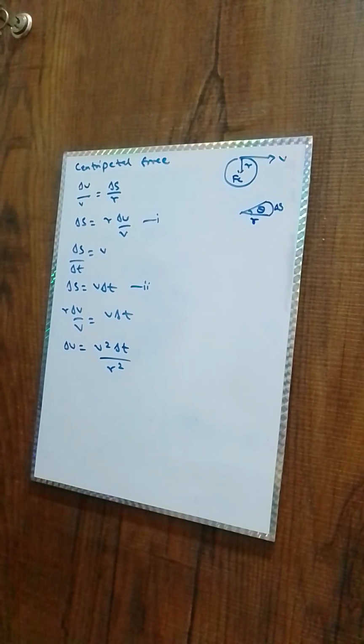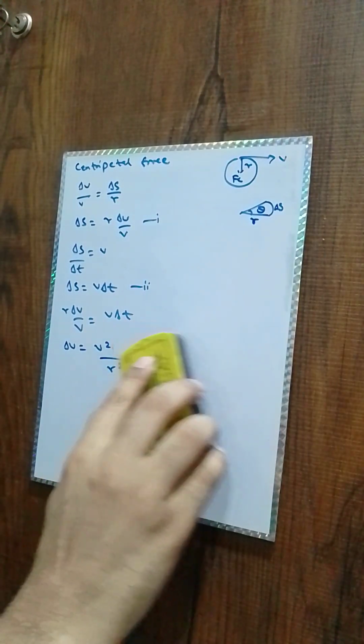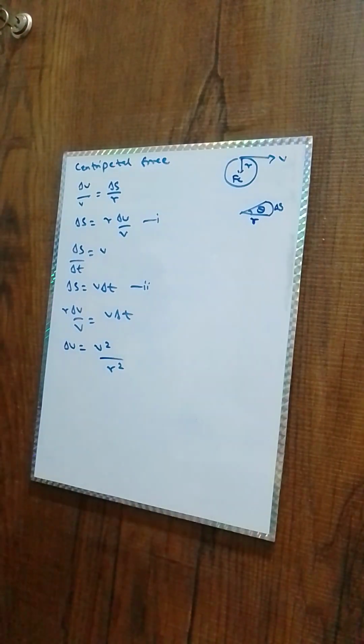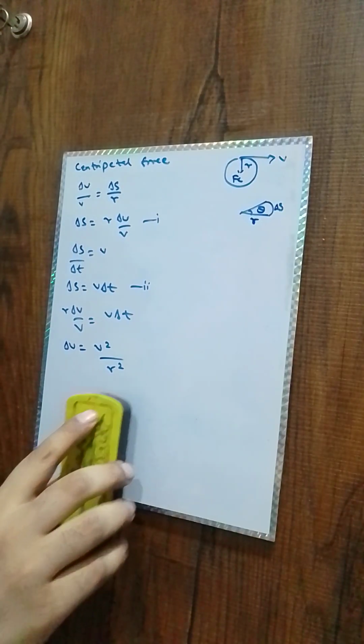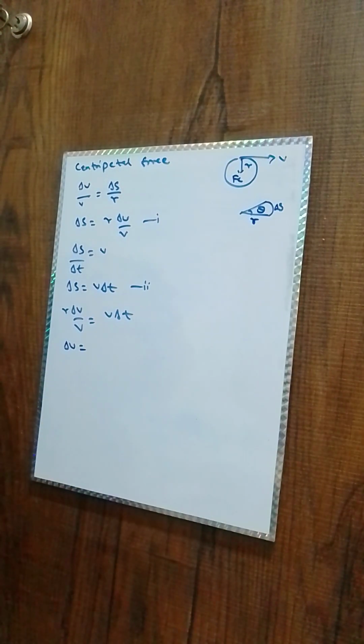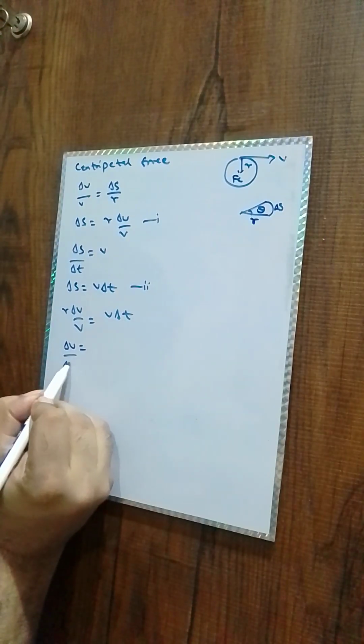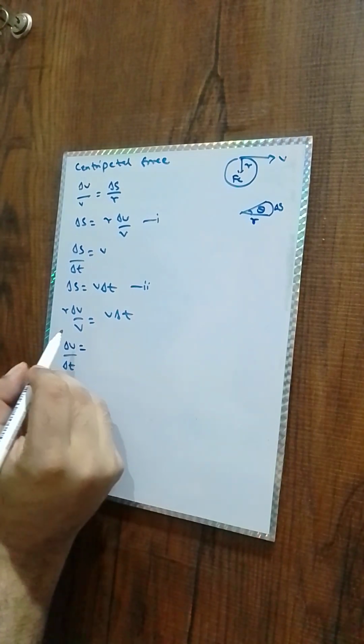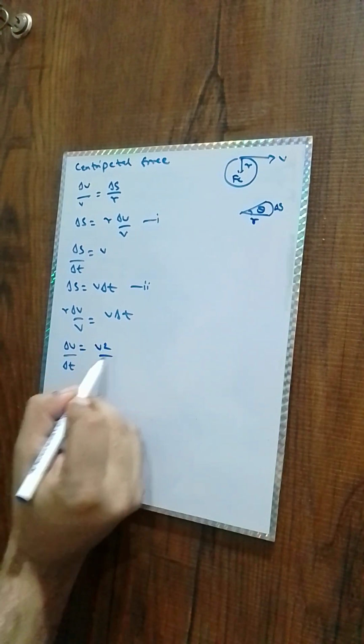Just delta v by delta t, which is rate of change of velocity with respect to time, is equal to v square by r.